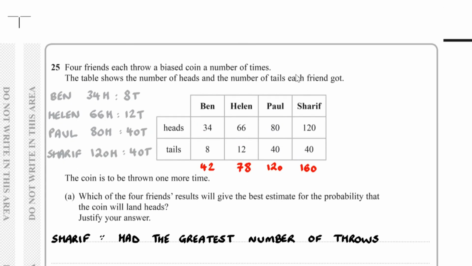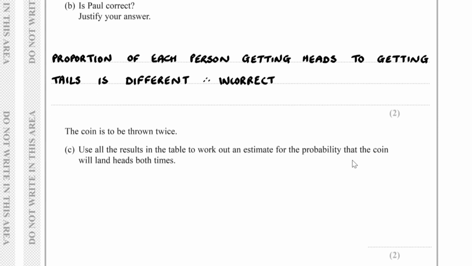Well, how many in total do we have for heads? 34 plus 66 plus 80 plus 120 is equal to 300. 8 plus 12 plus 40 plus 40 is equal to 100. In total, we have 400. So the probability of obtaining a head is equal to 300 over 400, which is equal to 3/4.